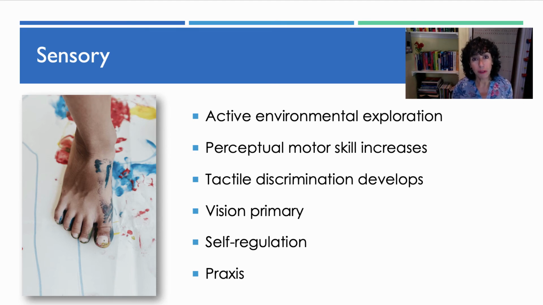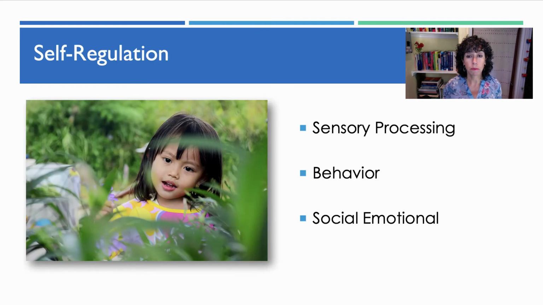There's also the development of self-regulation at this phase of life, the preschool years. So self-regulation, again, is the ability to moderate or modulate or mediate one's level of alertness, focus, attention, and activity level given the demands of the activity, the context, and the environment.